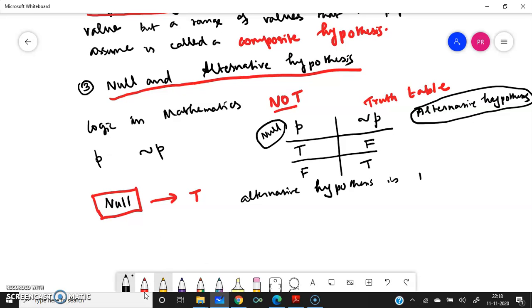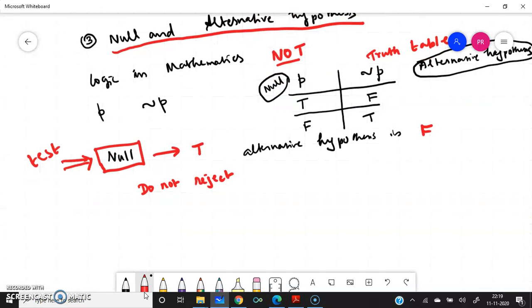If I test this null hypothesis and it is true, then I'm sure that the alternative hypothesis is false. That means I do not reject the null hypothesis. Statistically speaking, I will say do not reject the null hypothesis. Then my alternative hypothesis will actually be false.